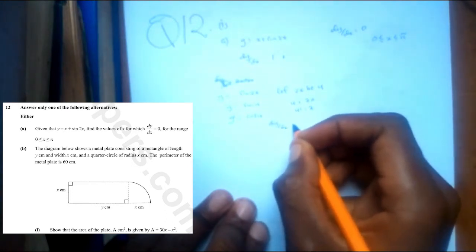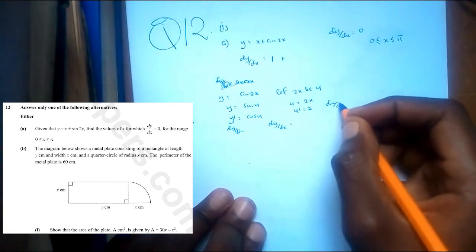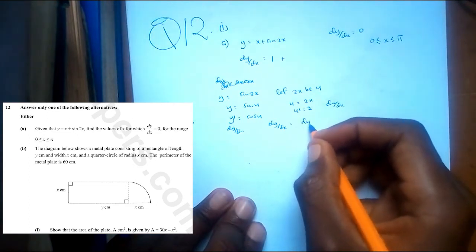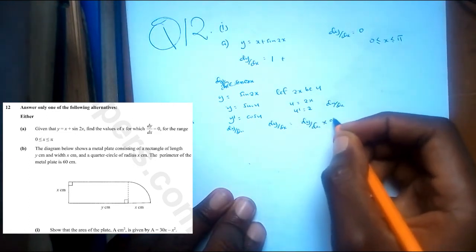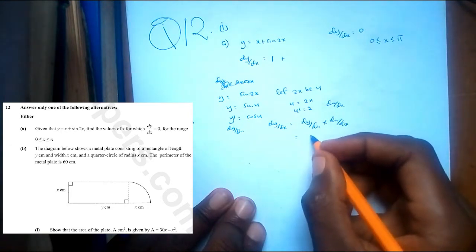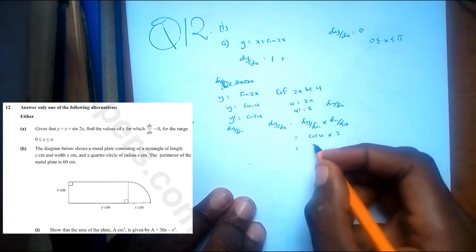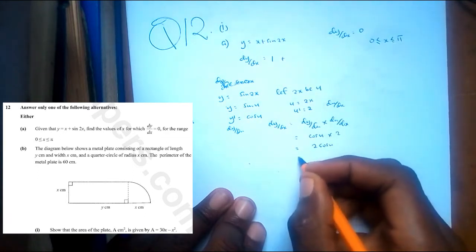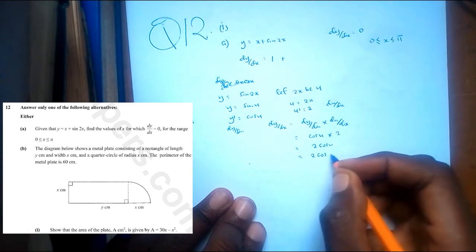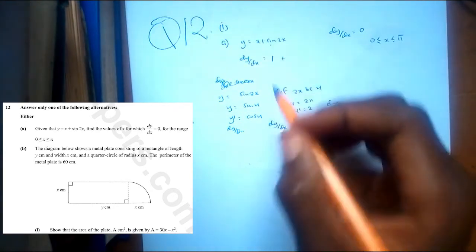Then dy over dx is the same as dy over du times du over dx, which is going to be equal to cos u times 2, which will be equal to 2 cos u, but we know what u is, so 2 cos 2x. So that's what we're going to put here.